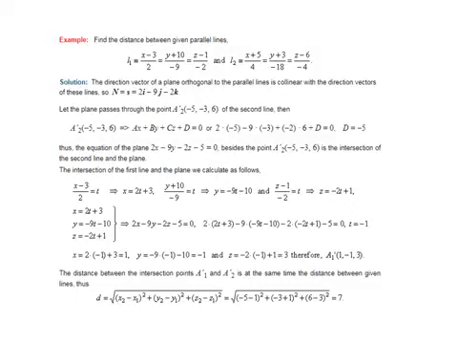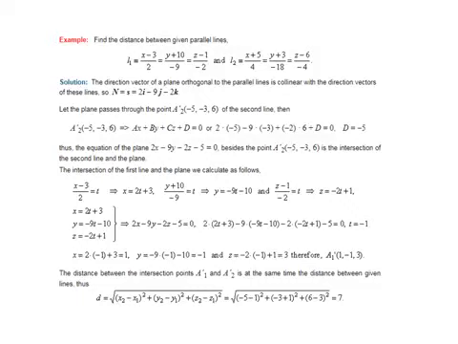Besides, the point A2 dash, minus 5, minus 3, 6, is on the second line. That point is actually obtained by the intersection of the second line and the plane. The intersection of the first line and the plane we calculate as x minus 3 by 2 equals t, which gives the parametric equation x equals 2t plus 3, y plus 10 over minus 9 equals t, which gives y equals minus 9t minus 10, and z minus 1 over minus 2 equals t, which gives z equals minus 2t plus 1.